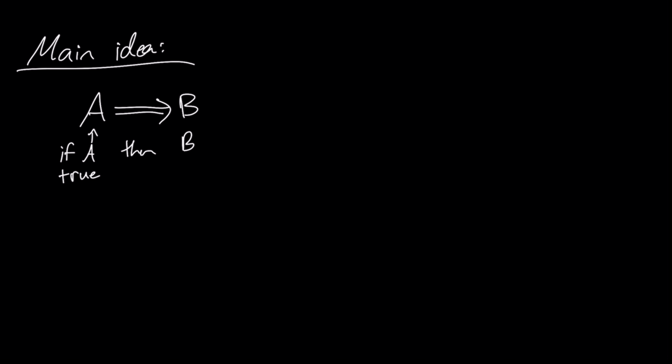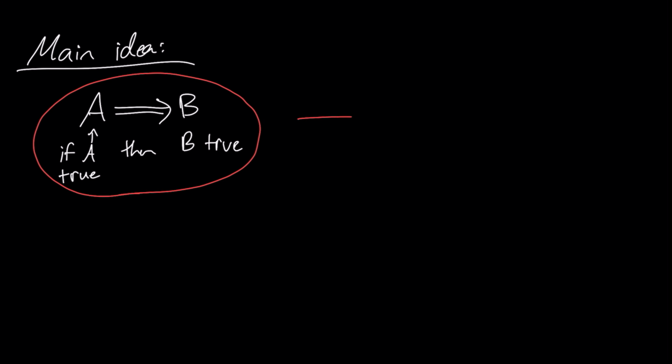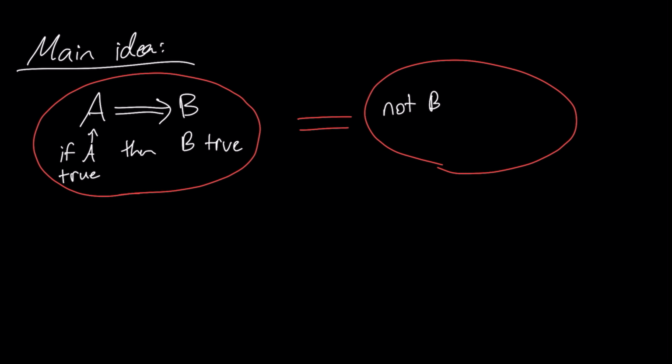The logical statements we've dealt with so far grammatically fit this form. The main idea of a proof by contrapositive is that this statement is the same thing as the following statement: B being false implies that A is false.